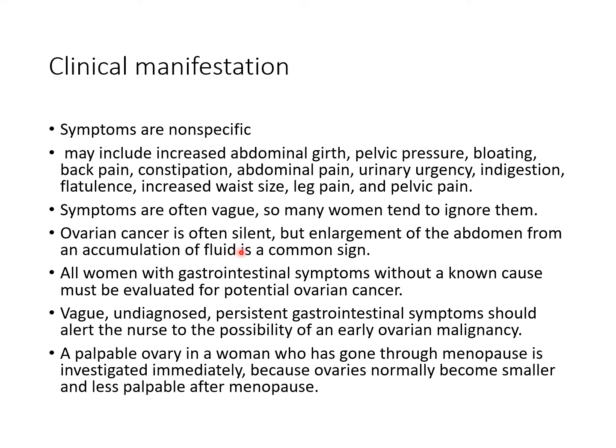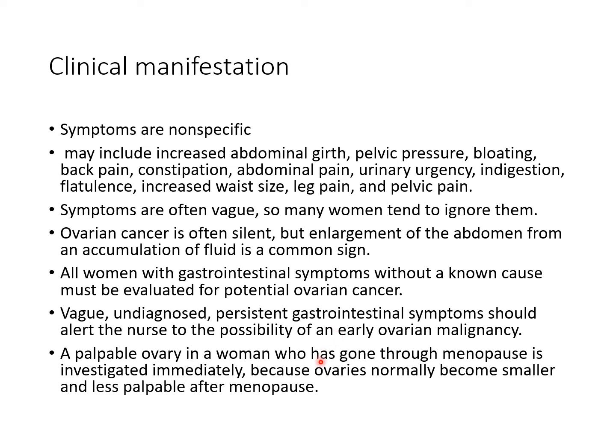Ovarian cancer is often silent, but if you're seeing an enlargement of the abdomen from an accumulation of fluid, then you want to make sure that you report that. That's a common finding, apparently. Enlargement of the abdomen from an accumulation of fluid is a common sign. All women with GI symptoms without a known cause must be evaluated for potential ovarian cancer. Vague, undiagnosed, persistent GI symptoms should alert the nurse to the possibility of an early ovarian malignancy.